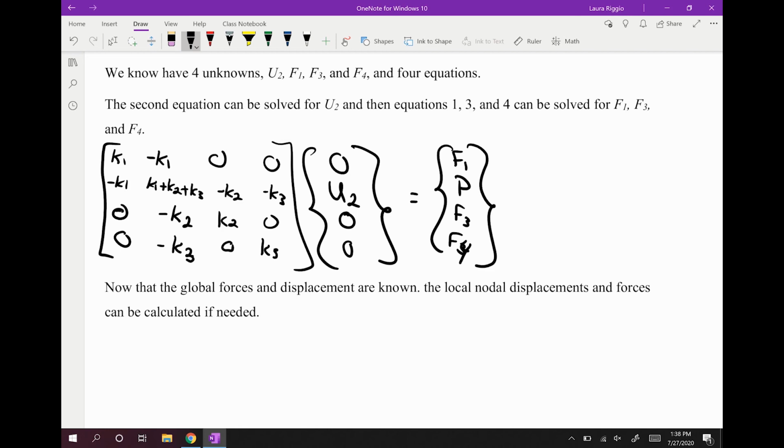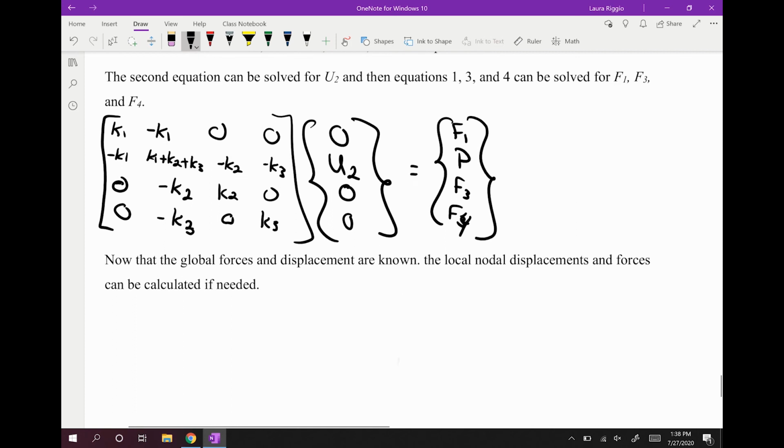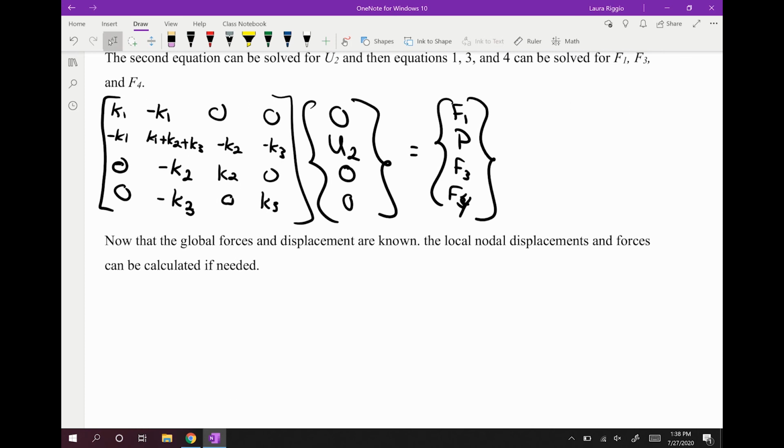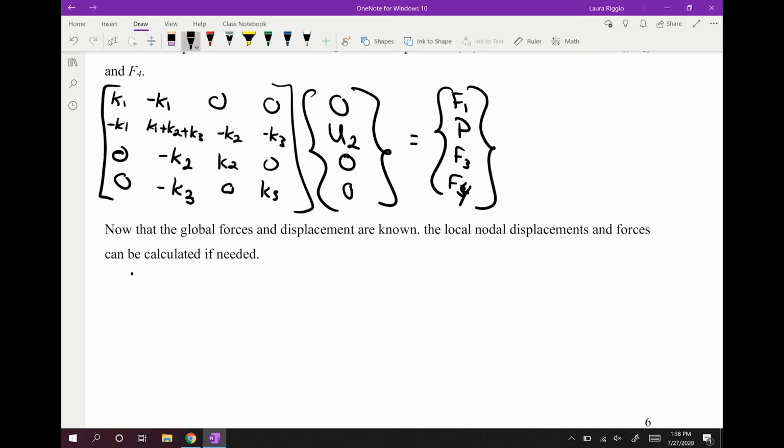And the way the system is right now, we have everything mixed up. So if we solve the second equation for U2, we would get U2 is equal to P divided by K1 plus K2 plus K3.